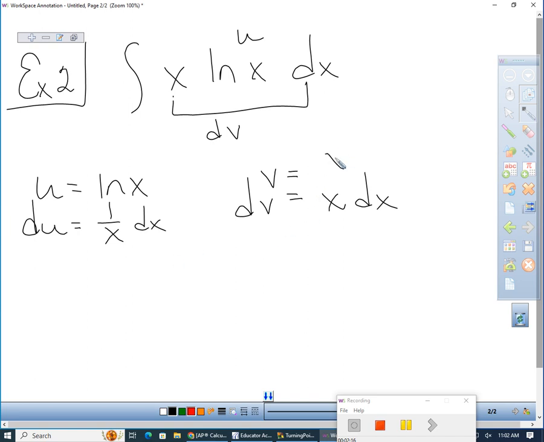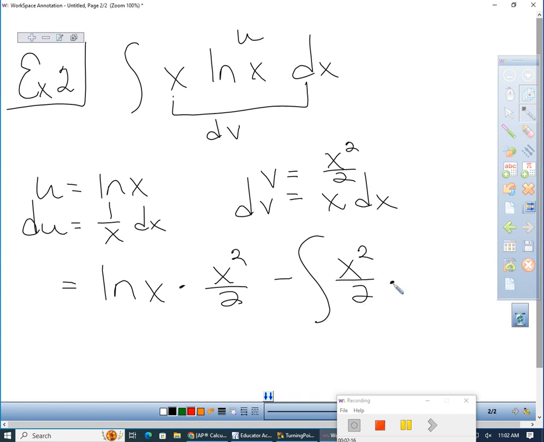X squared over 2. Perfect. All right. So now we do u times v. So natural log x times x squared over 2, which we're probably going to write in front, minus the integral of v times du.